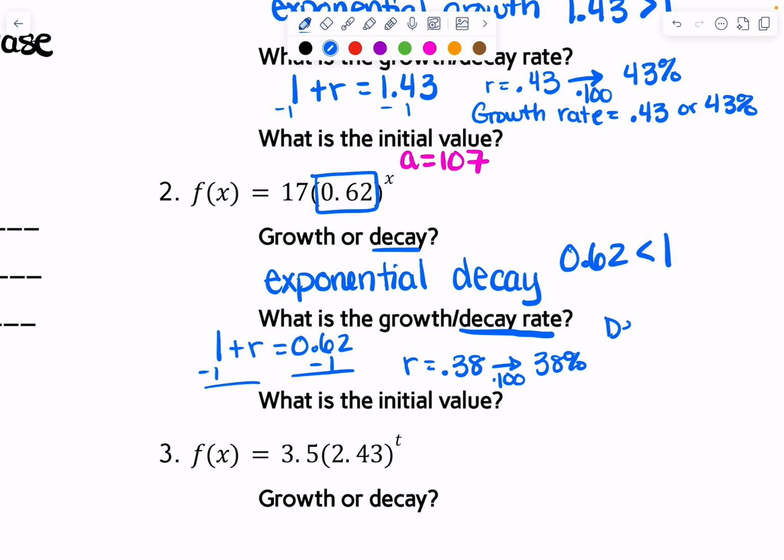So the decay rate here is 0.38 or 38%. And then my initial value, that starting value, comes from here. That's 17. So a, our initial value, is 17.